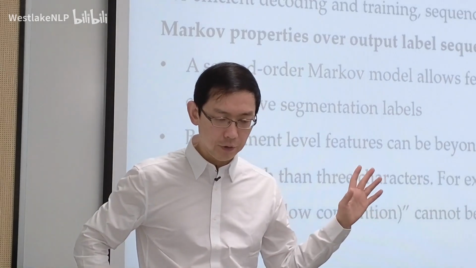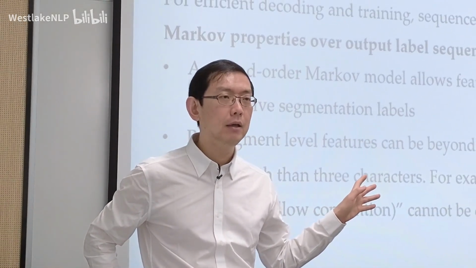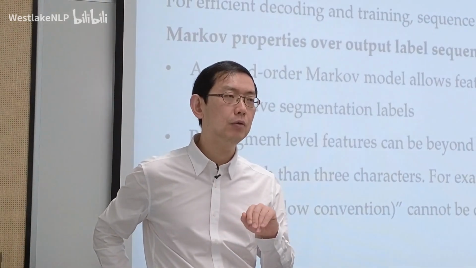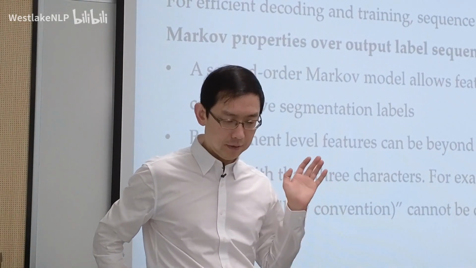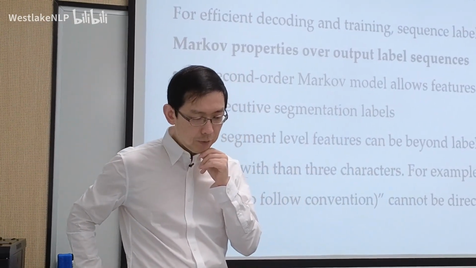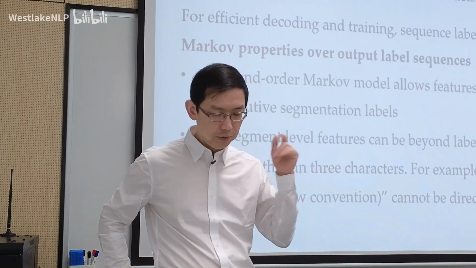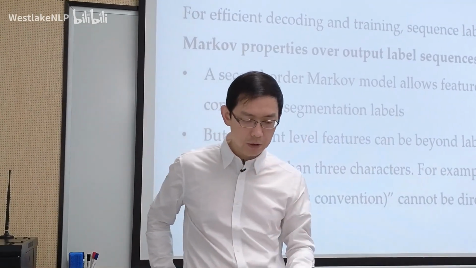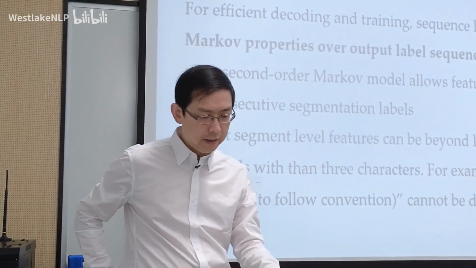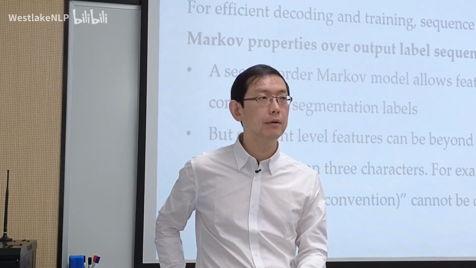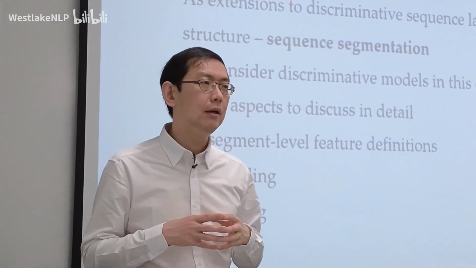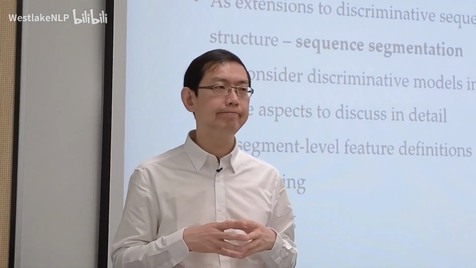It turns out that if you use CRFs to label Chinese character sequences, you can get pretty good Chinese segmenters. But we want to go to the extreme. We want to make the models more accurate. So what do we do? We want to define segment level features. We want a feature to represent the whole word rather than just each character individually.